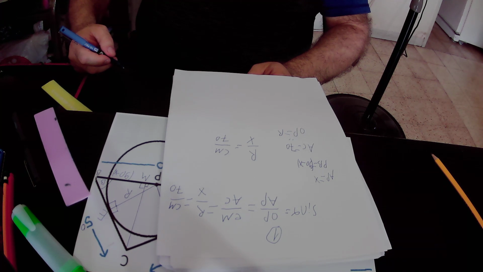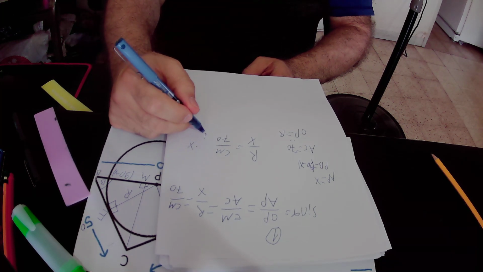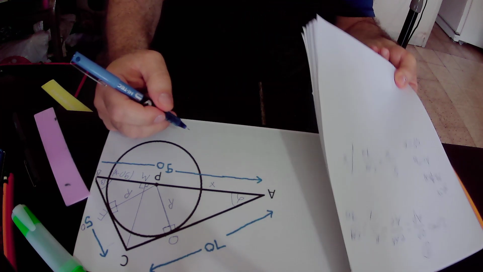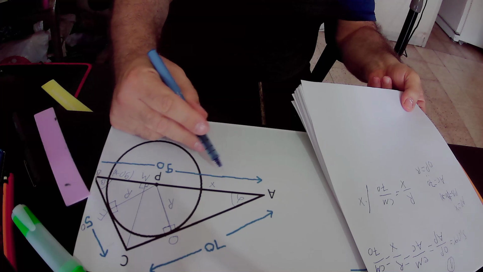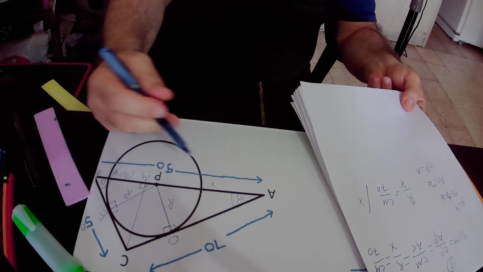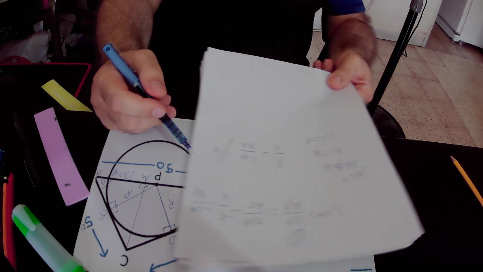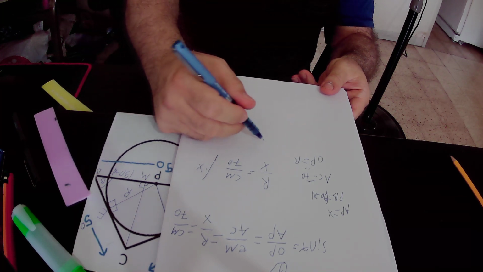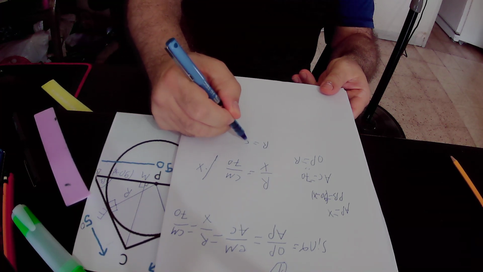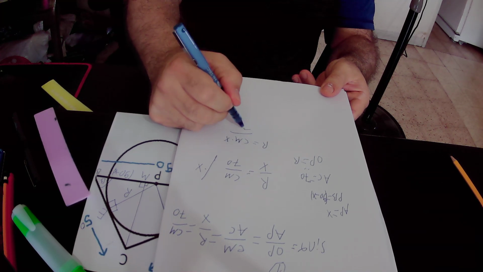Now we can multiply both sides of the equation by X. X equals AP. It is a part of AB, so it must be a positive number. It can never be zero. So we can multiply both sides by X. We will get that R equals CM times X divided by 70.